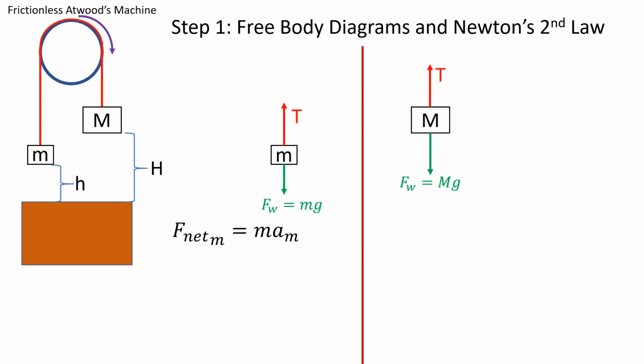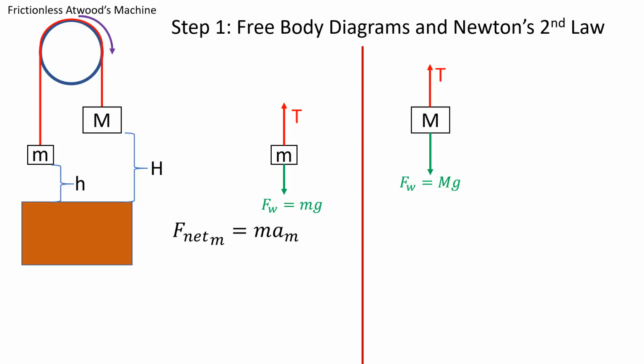Usually in a problem, you would call up positive or down positive or something like that. Here, since we have something rotating and mass is moving up and down, we'll pick a direction of rotation to call positive. In this case, I know that the mass big M is going to fall, so I want down to be positive for that mass, so we'll do clockwise around the pulley as the positive direction.